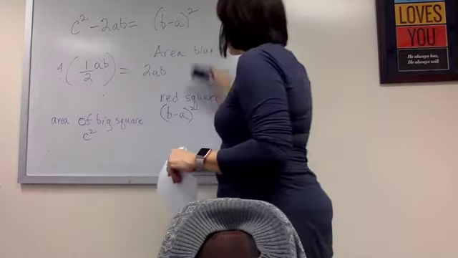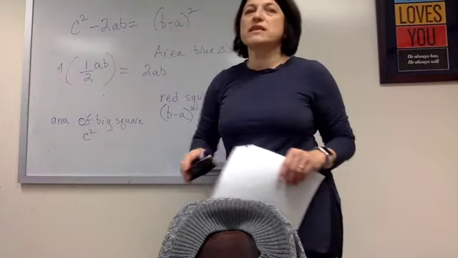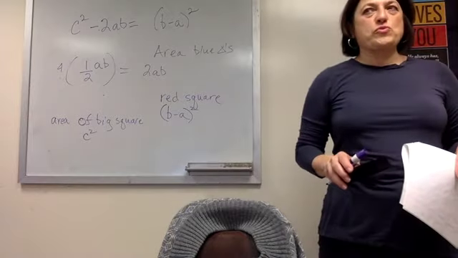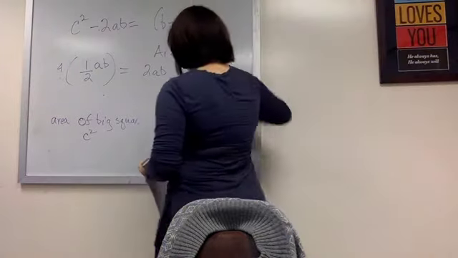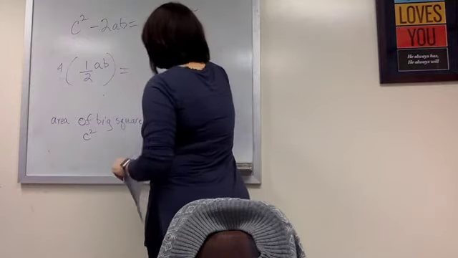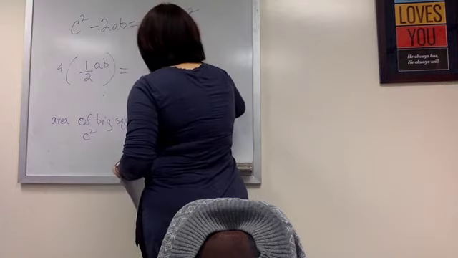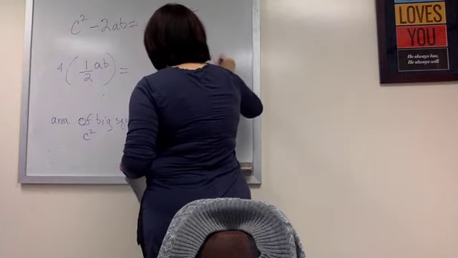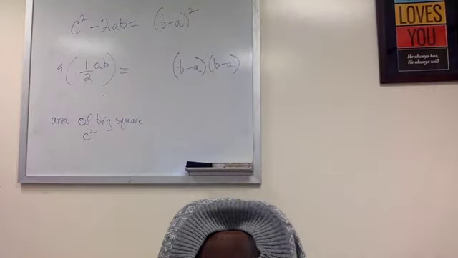Now, what do we have to remember to do here? Is this equal to B squared minus A squared? No, it's not. What is it equal to? This really means B minus A times B minus A. Remember our quadratics and FOILing? We've got to FOIL.